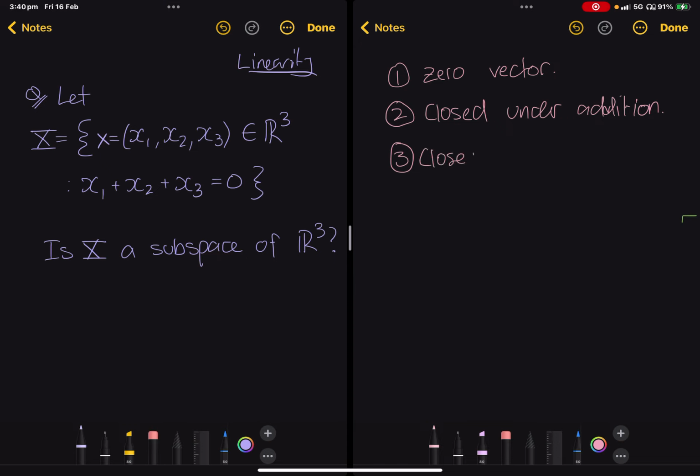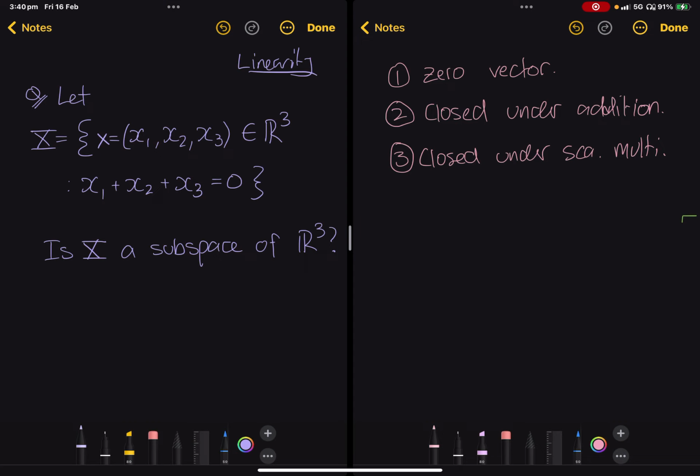So let's do one at a time. We'll start with 1. If we have all three of these, then it is true that capital X is a subspace of R3. If we don't have all three of these, then it's not.